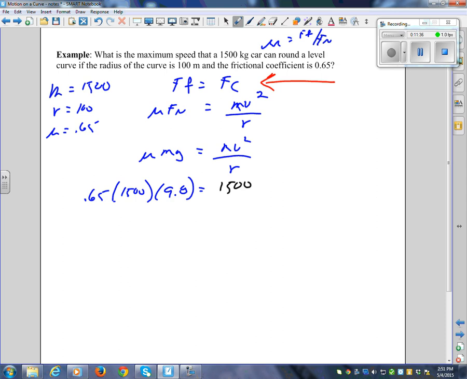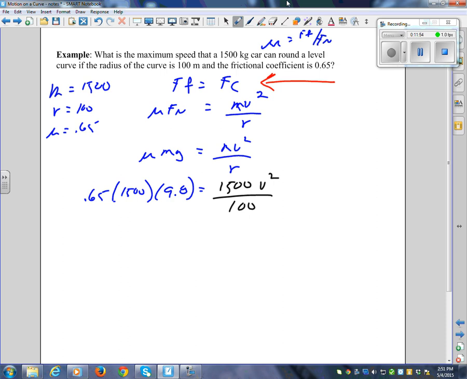Mass is 1,500. I'll put it in black on this side. V squared over R, which is 100. I've got a nice long equation here, but fortunately there is only one unknown, and that is the velocity, right? Can I solve that for V?